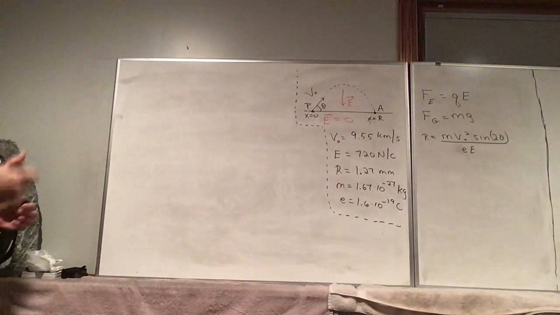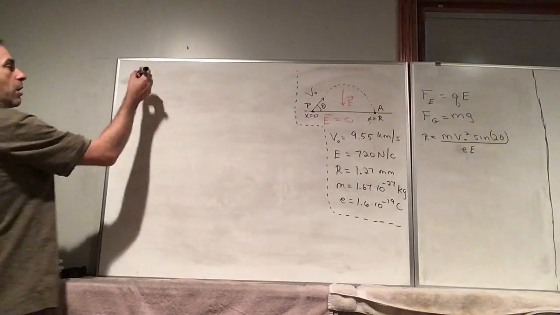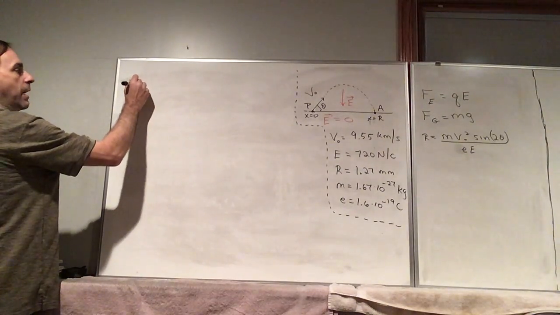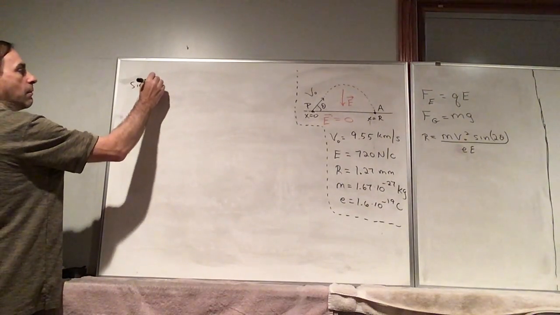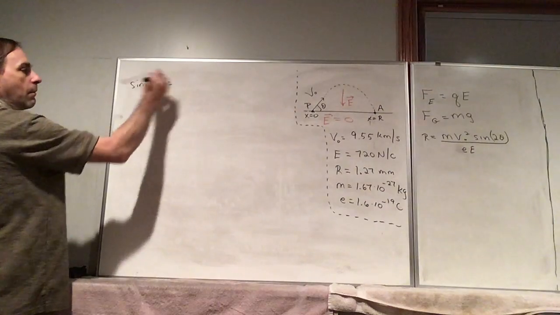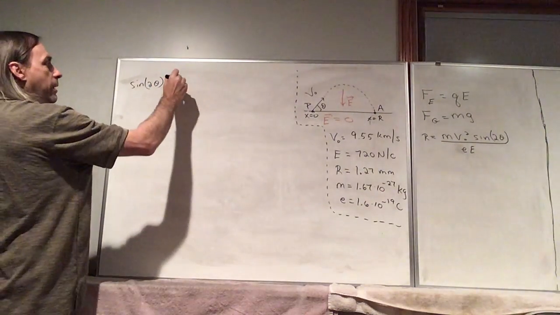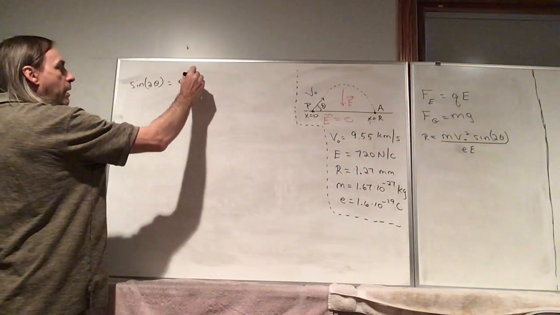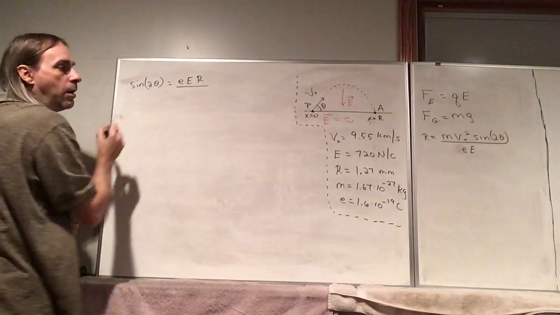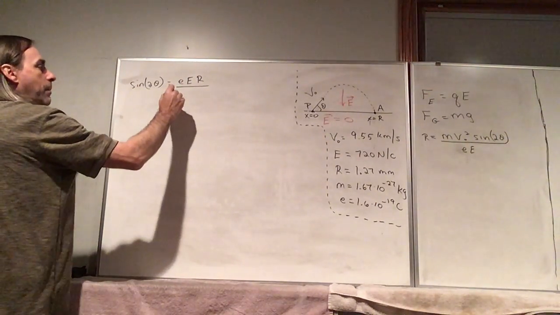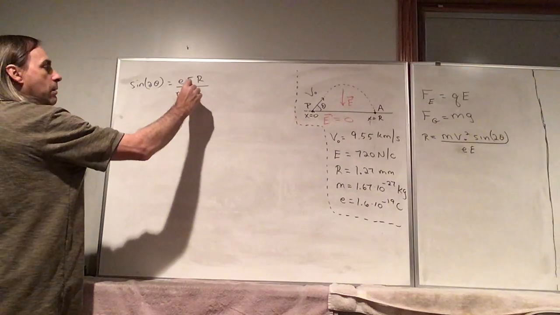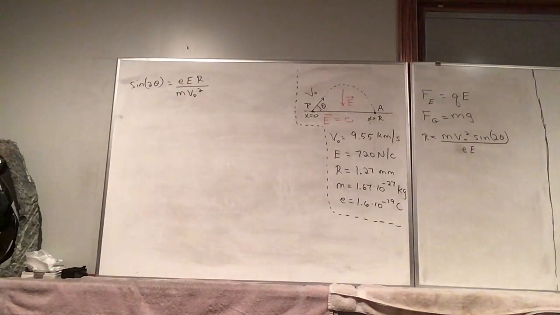And then let's solve this equation for sine of 2 theta. So we have little e times big E times r divided by m v naught squared.